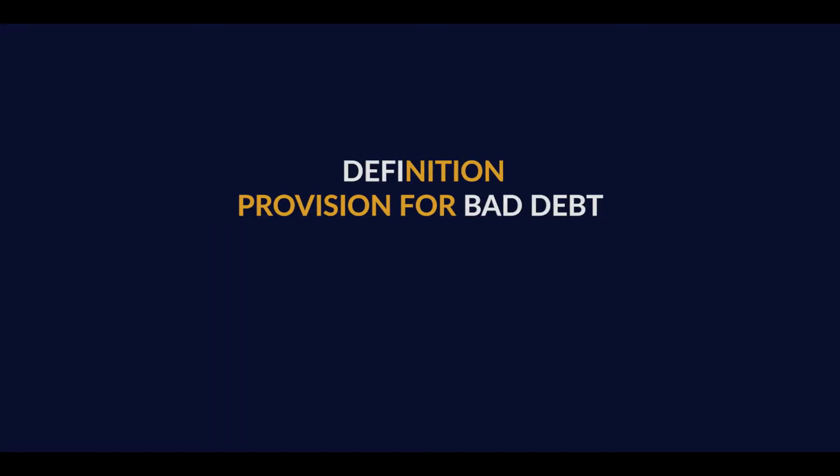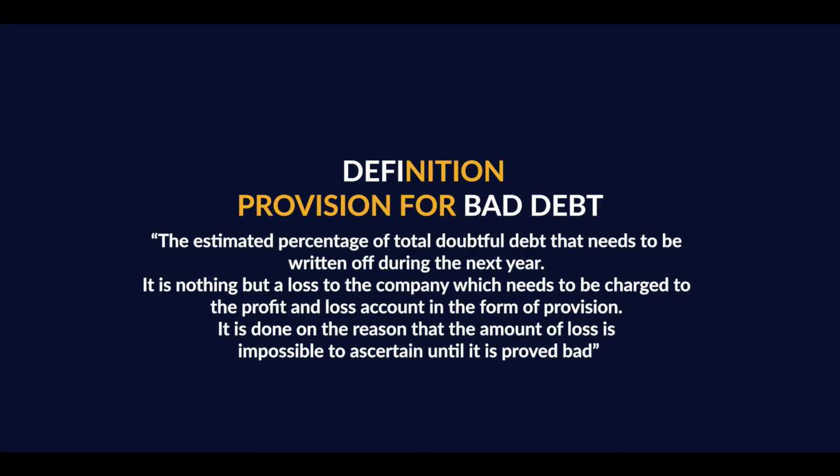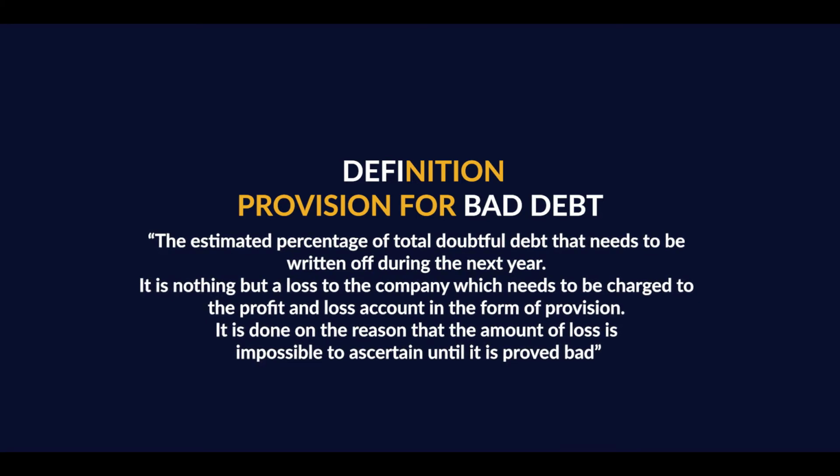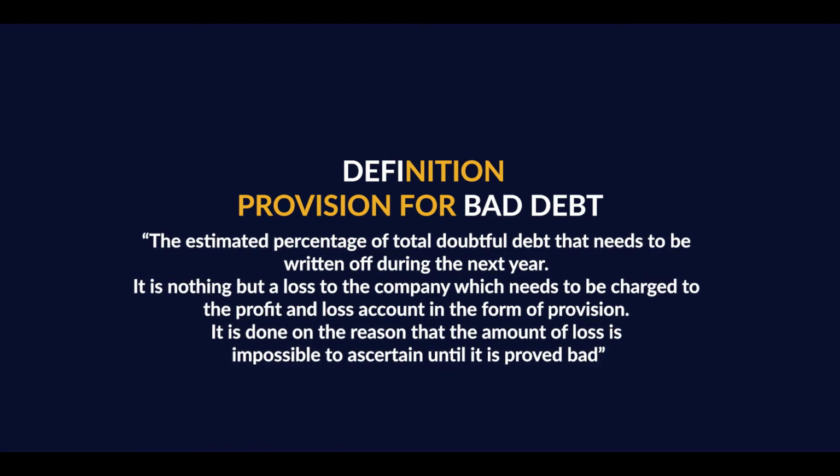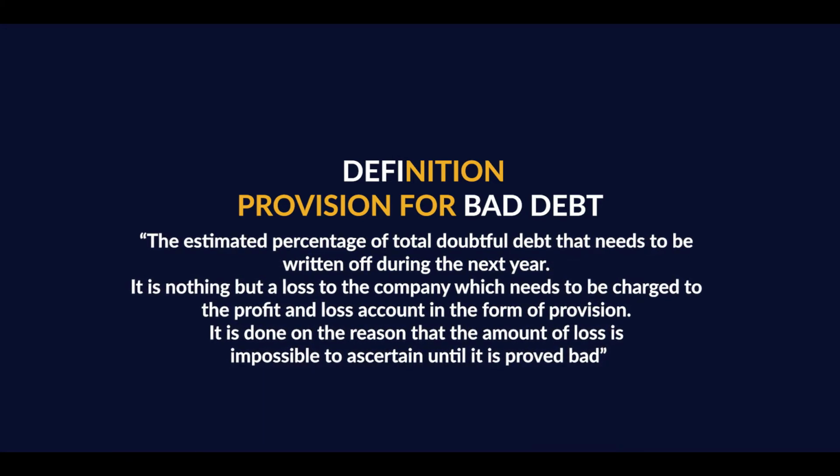Okay, so let's move on to the definition of provision for bad debt. Provision for bad debt is the estimated percentage of the total doubtful debts that needs to be written off during the year. It is nothing but a loss to the company which needs to be charged to the profit and loss account in the form of provision.